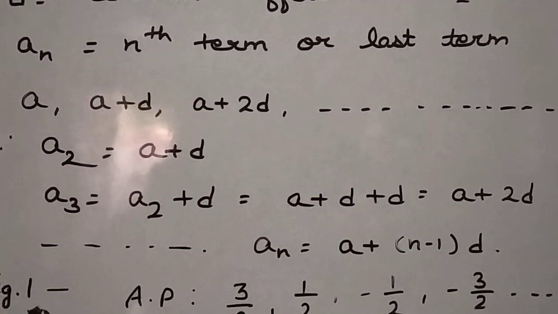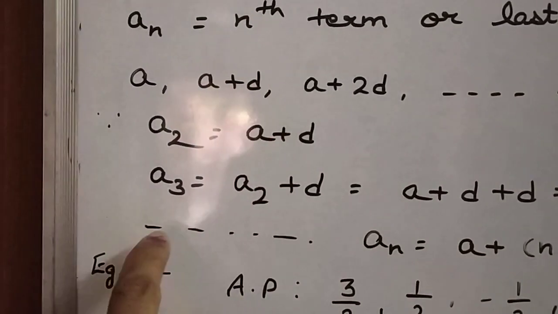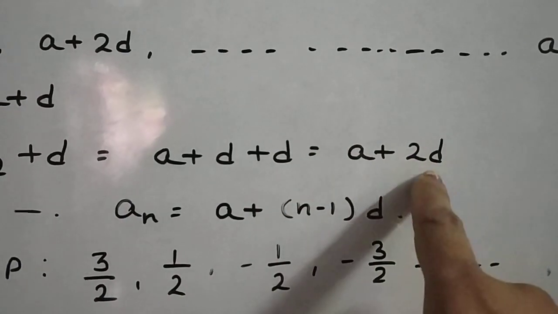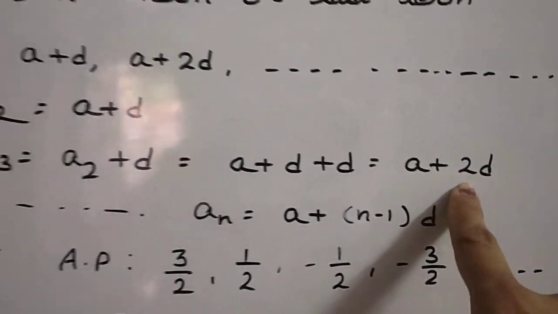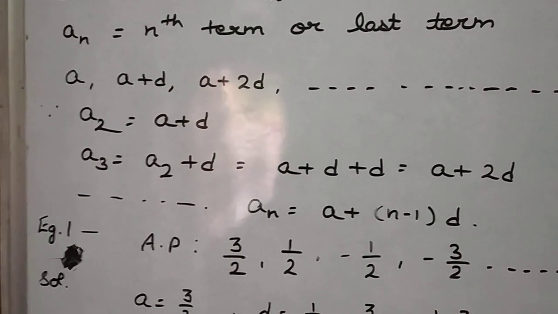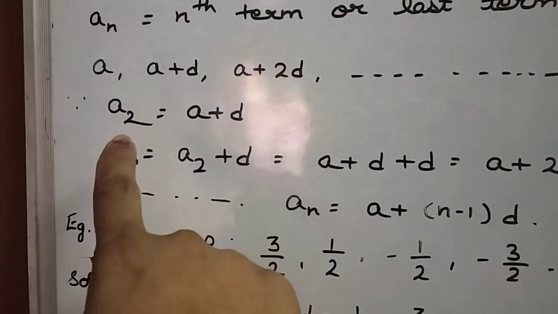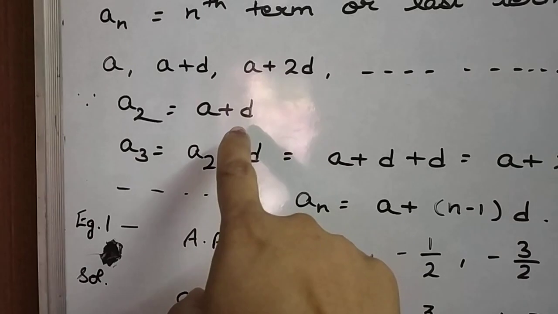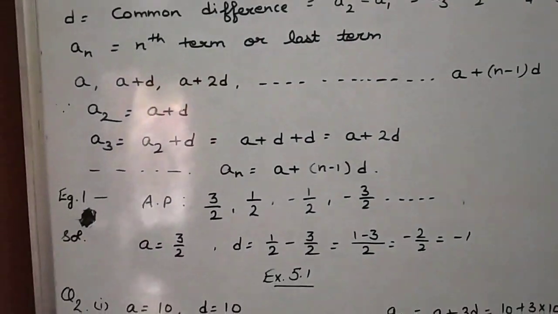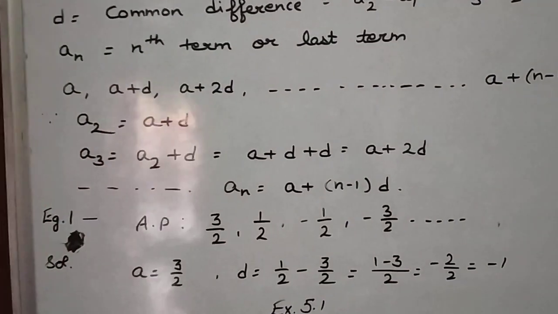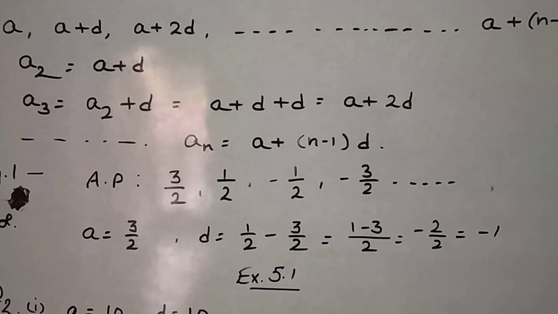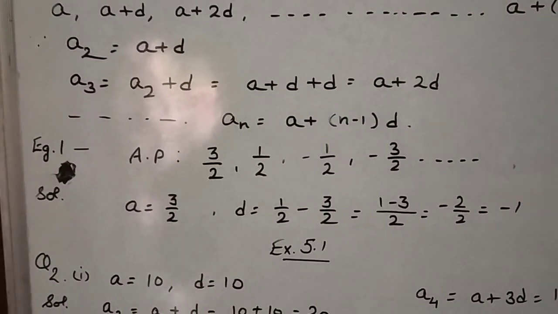We can see one thing: whichever term we are finding, we take D with one number less than that. If this is the third term, then 3 minus 1, 2 here. If this is the second term, then 2 minus 1, 1 here. In the same way, A4 will be A plus 3D, A5 will be A plus 4D. So AN will be A plus (N minus 1) into D.